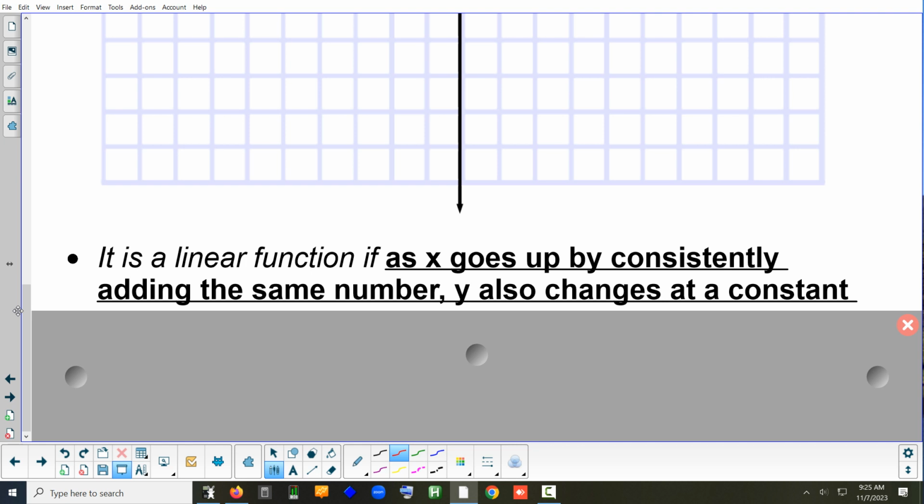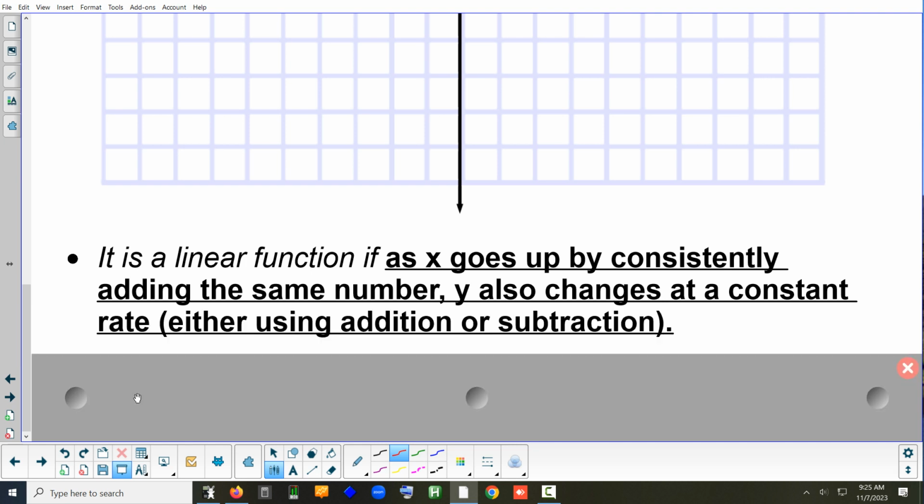So as x goes up by adding the same number, y also changes by adding, could also be subtracting, but it has to be the same number every single time. So in our case, it was a +2, +2, +2, +2. If it was a -2, -2, -2, that'd be okay too.